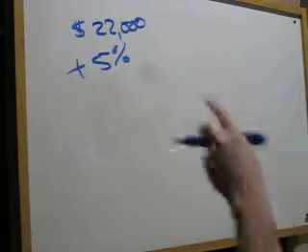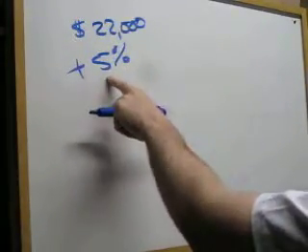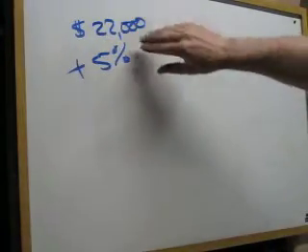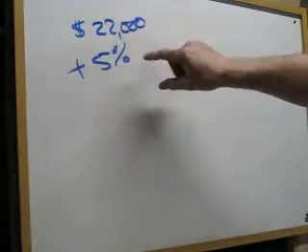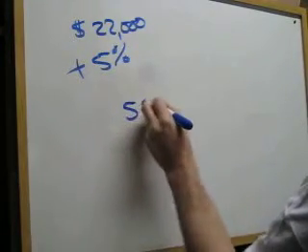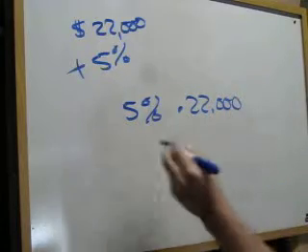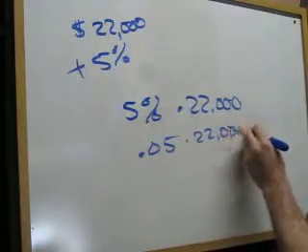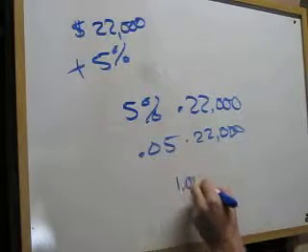So what we do is we take our $22,000, we take 5% of that and add it to the $22,000, because they're not only making their $22,000, they're getting an increase on top of it, and that's 5% of the $22,000. So if you remember, 5% of means multiply. So we're going to multiply 0.05 times 22,000, and we're going to get an amount of $1,100.